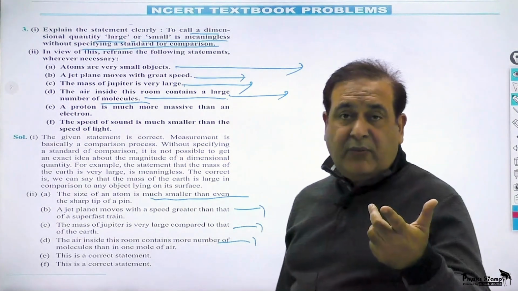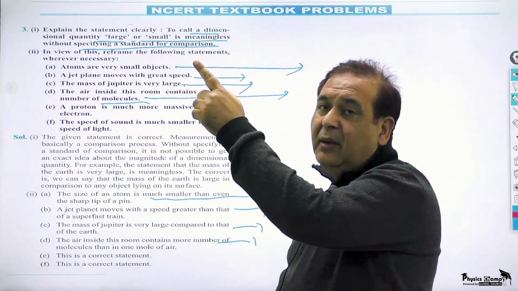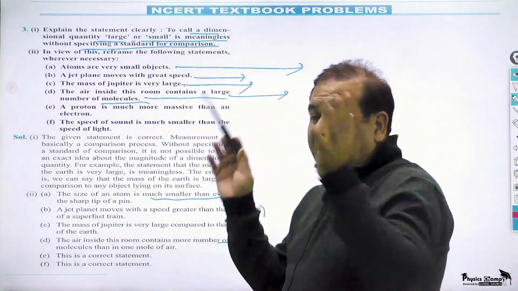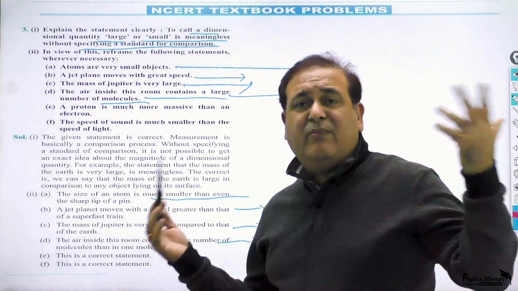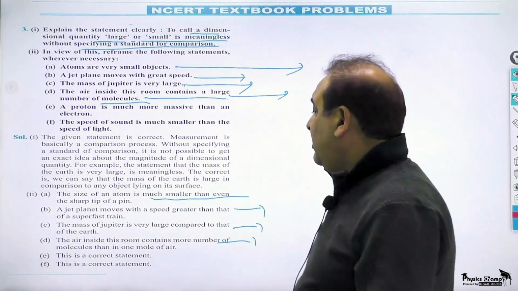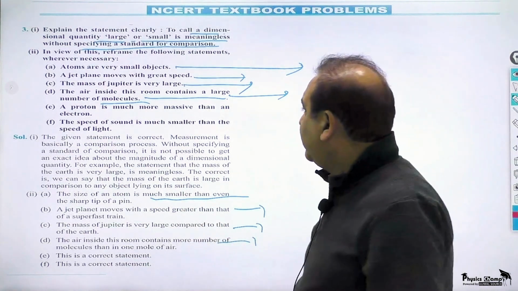Because 1 mole of air has 6.023 × 10²³ molecules. So air inside the room may be having 100 moles or 2000 moles or many thousand moles. So you can say yes, it has that big a number of molecules.